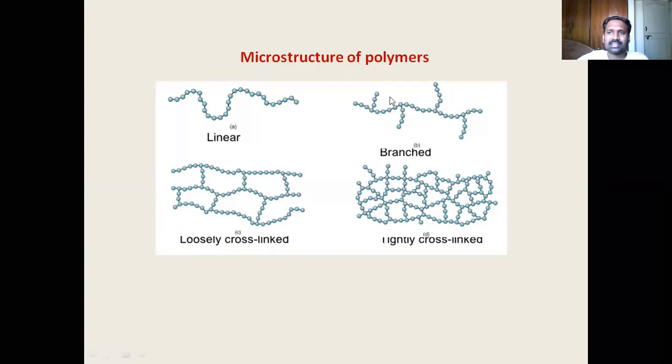What do you mean by divalent? A fragment or a subunit in a structure which has two unsatisfied valencies. That is what divalent means. Okay, you are sending through chats. It can extend on both sides, but rather I should say it can extend only on two sides. That is what divalent is. So a structural unit is divalent.